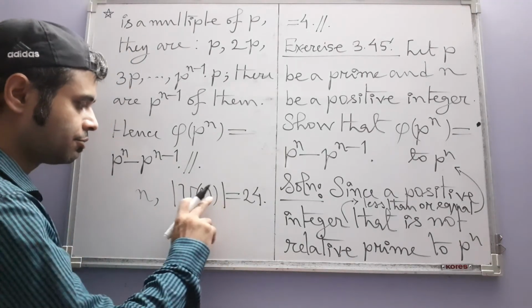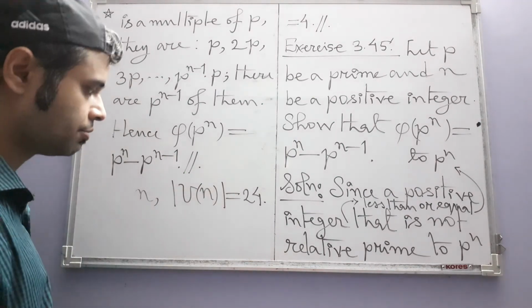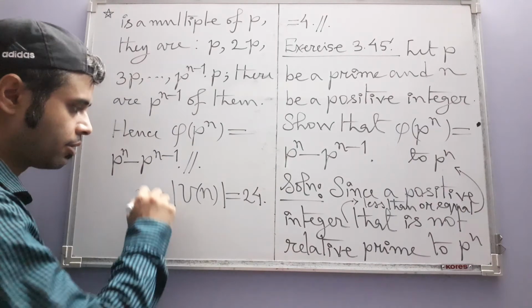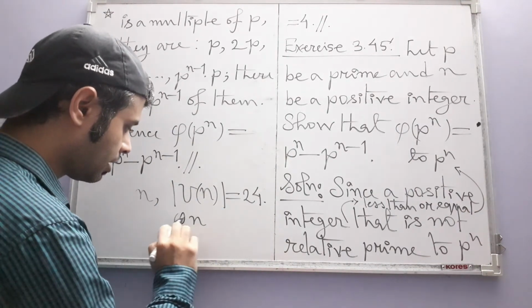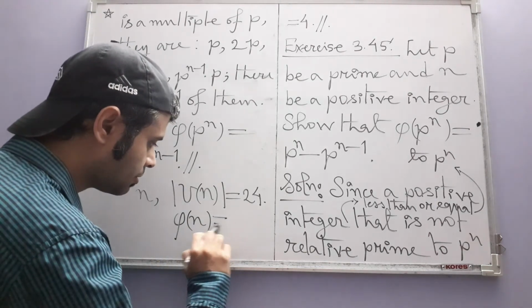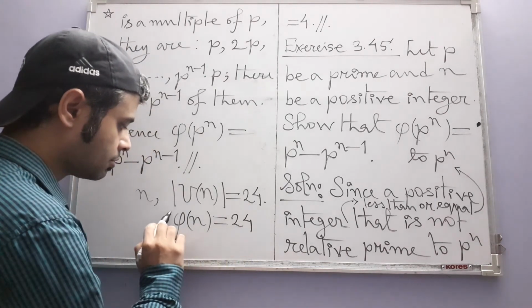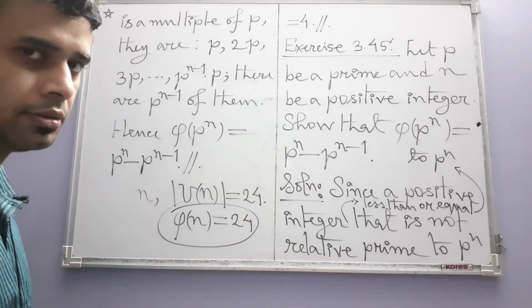So you have to find those n's for which the order of this group is 24. Now we already know what the order of this group is, which is nothing but the Euler phi function value of n. So this should be equal to 24. So you have to solve this equation for n.